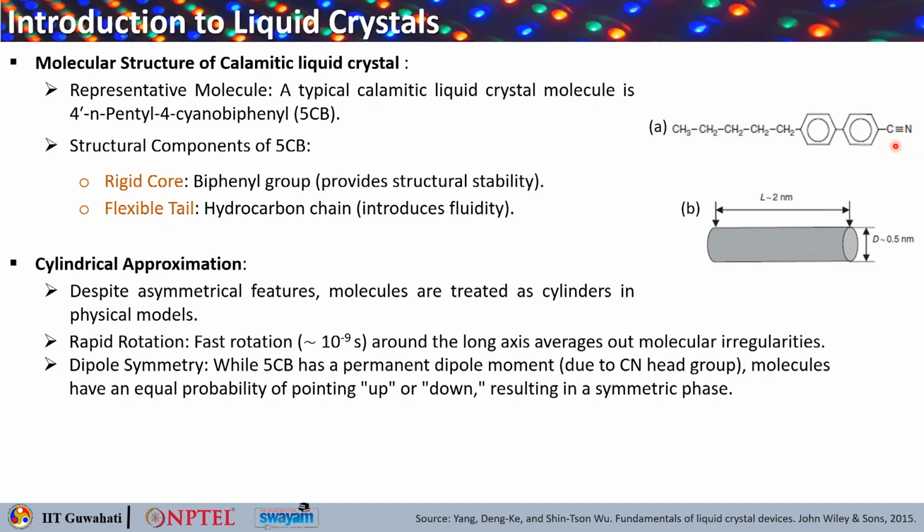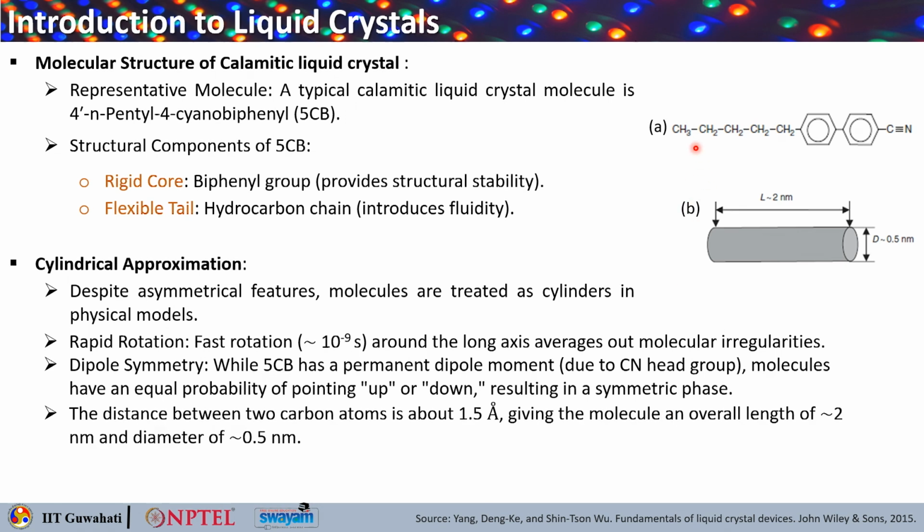The molecules have equal probability of pointing up or pointing down. That results in a symmetric phase, and the distance between two carbon atoms is typically 1.5 angstrom, and that gives the molecule an overall length of around 2 nanometer and a diameter of around 0.5 nanometer.